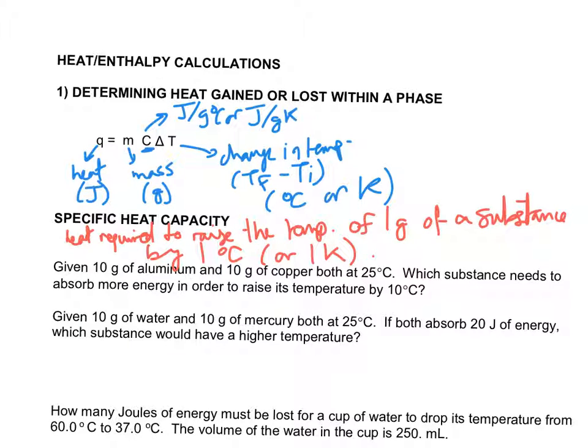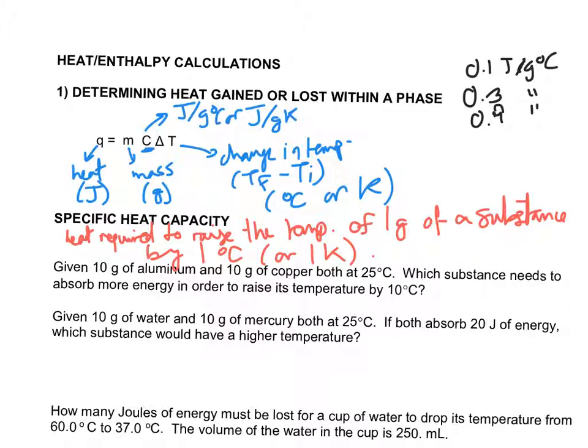So if I have a low heat capacity, what does that mean? If you look at your metals, for example, you'll find some metals with like 0.1 joules per gram Celsius, or 0.3 or 0.9, something like that. They're relatively smaller numbers.